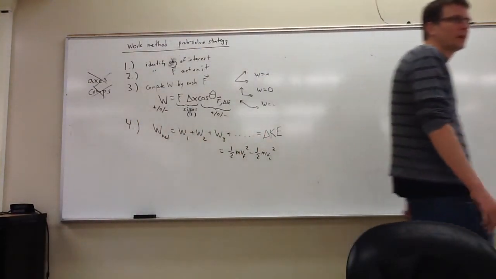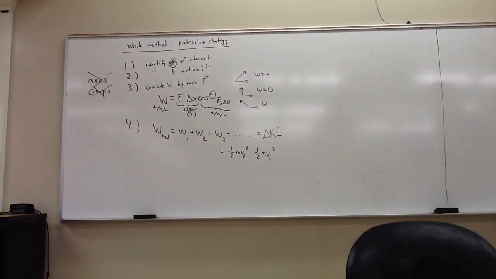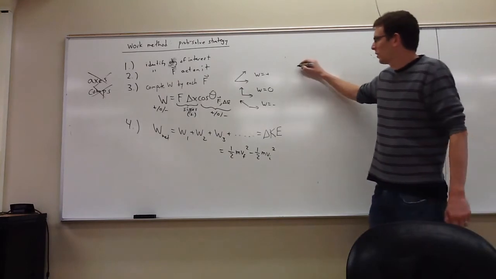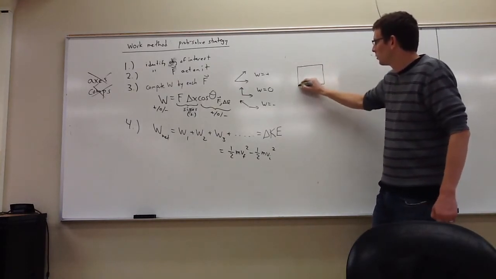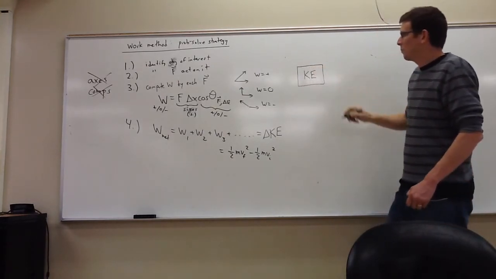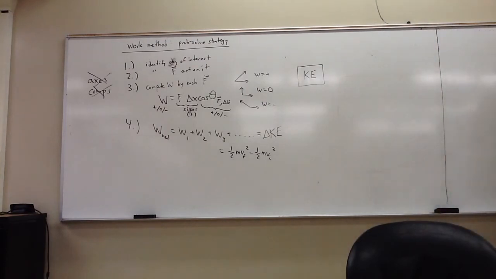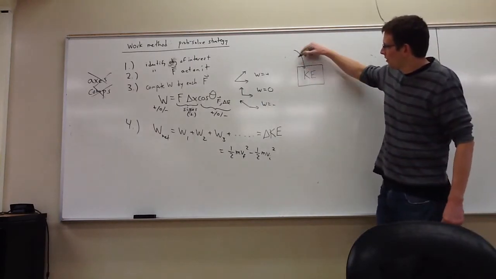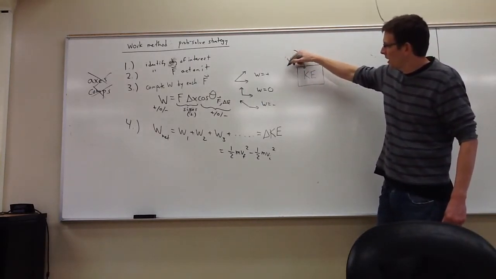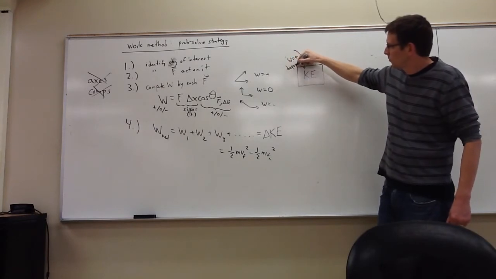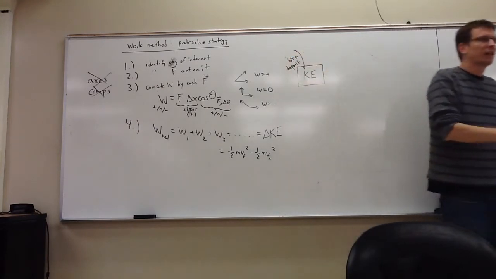So here is one way you can imagine what's going on. An object's kinetic energy is like a bank account. It's motion energy. When a work is positive, it makes a deposit. It adds to the kinetic energy.